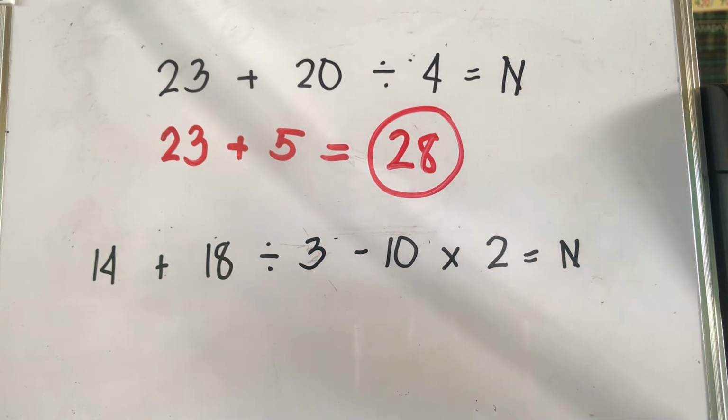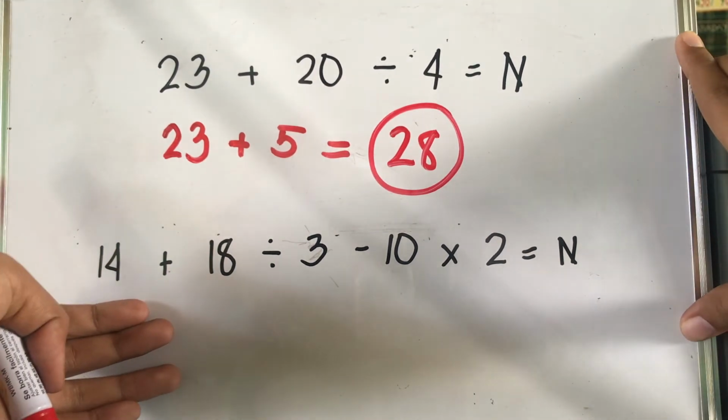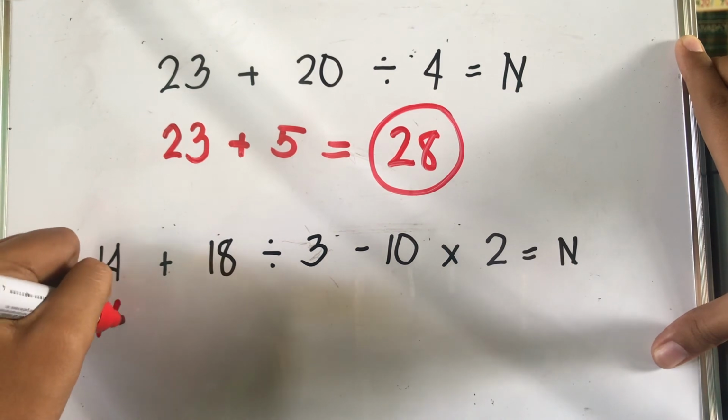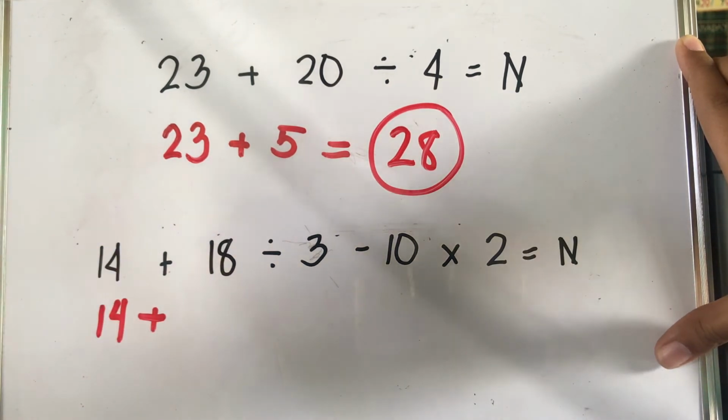Now, let's have a longer equation. 14 plus 18 divided by 3 minus 10 times 2. So remember MDAS. Multiplication and division should be solved first, whichever comes first from left to right. Since the first operation here is addition, we will just copy it. 14 plus, and then division.